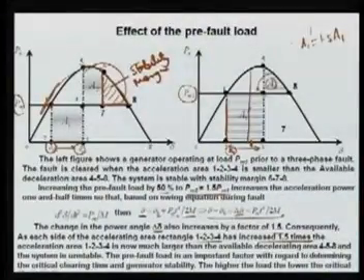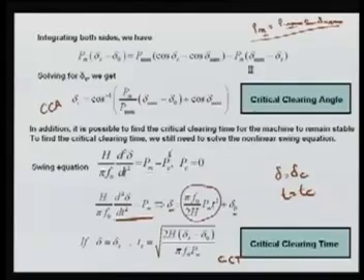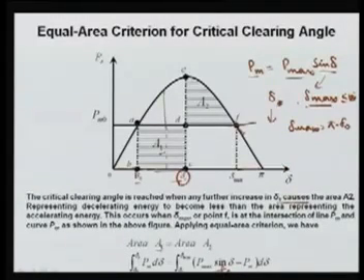If this area is equal to area 2, the stability margin is 0. That is the case at the critical clearing time, where there is no margin left. If your system is cleared after this angle, it will become unstable. But if it is cleared here, then we will have some margin and we can say our system is stable.